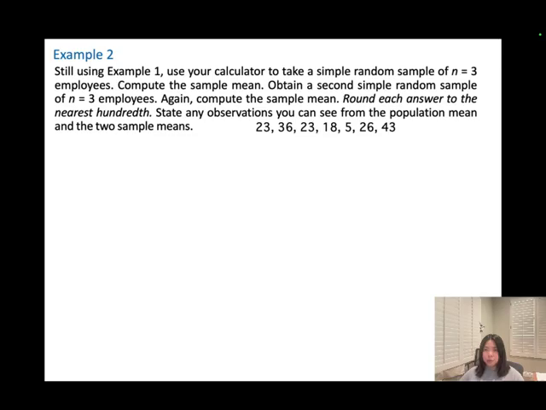Okay, so I already used my calculator to randomly pick 3 employees from here. So for the first one, the random sample got 23, 18, and 5. Now I want you guys to find the sample mean. Okay, for the sample mean, we'll be using the x bar here.